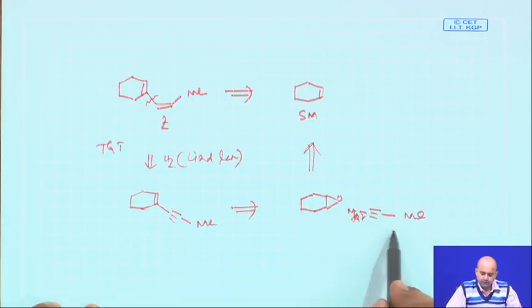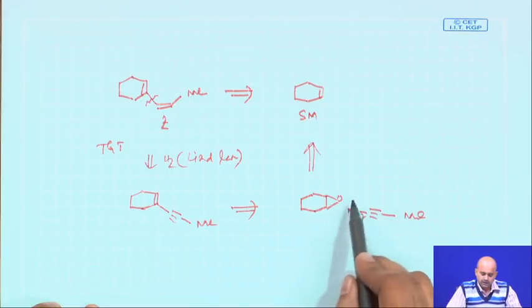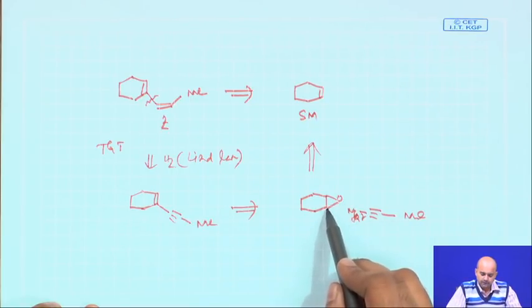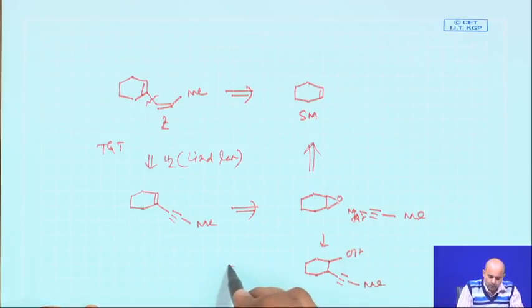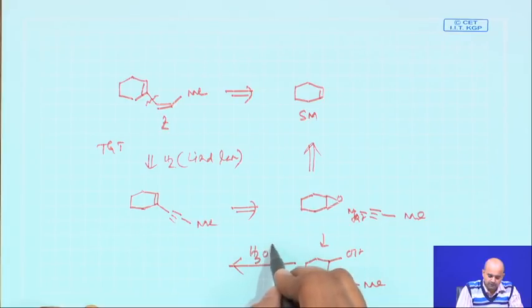So, what you do? You first react with alkyne magnesium bromide, the ring will open up, and you will get this OH and this alkyne. So, the product which you will get has an OH and this methyl. Next, you need to do a 1,2 elimination by simple acid treatment and heat.